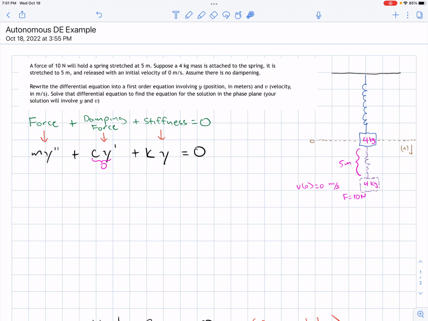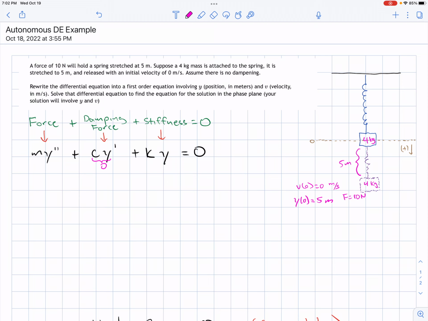So what we want to do is write it in terms of velocity and position. Before I do that, one more small note: in addition to the initial velocity, we also know the initial position. The initial position at t equals 0 is 5 meters, right? Because it's stretched 5 meters from the equilibrium in the middle there.